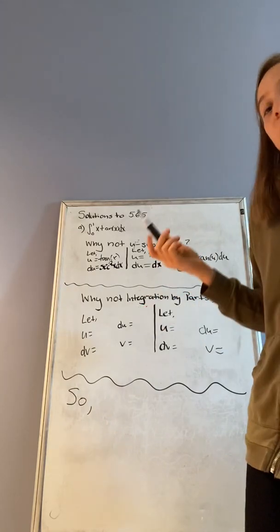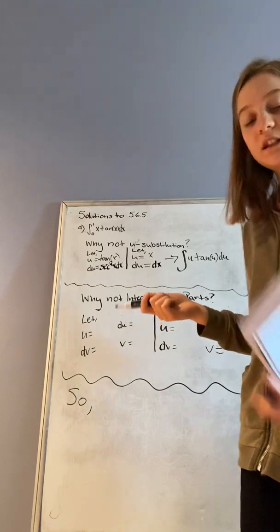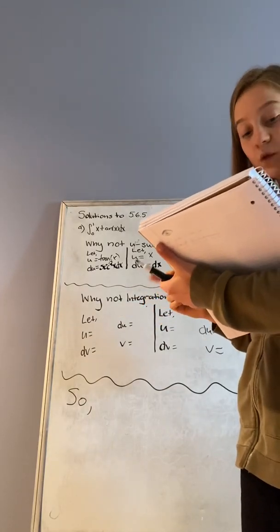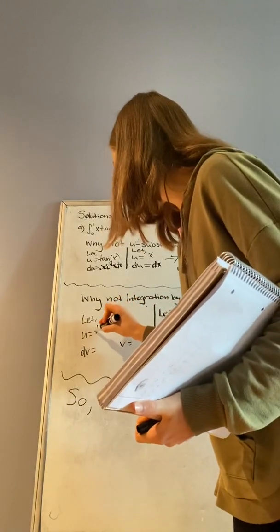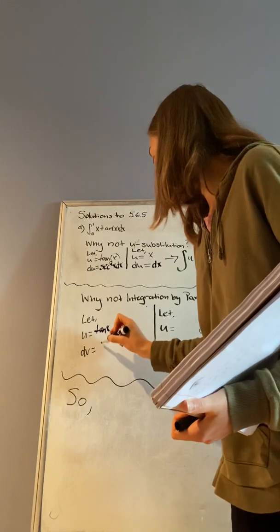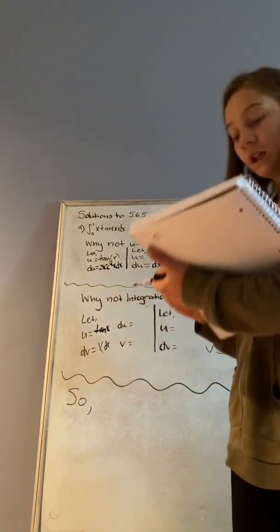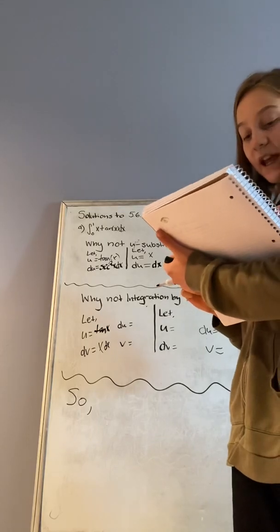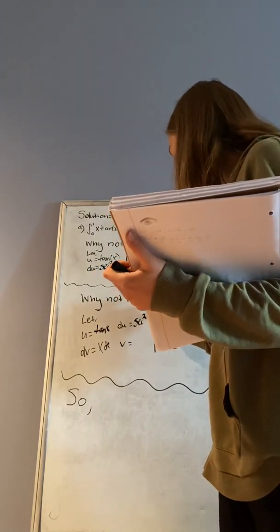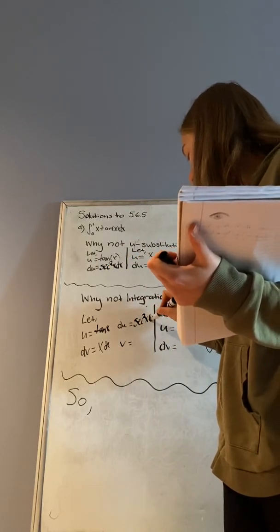You also can't use integration by parts because, again, there's really no productive way to substitute. So if you let u equal tan x, then dv would equal x dx. And then you would have du equaling secant squared x dx.